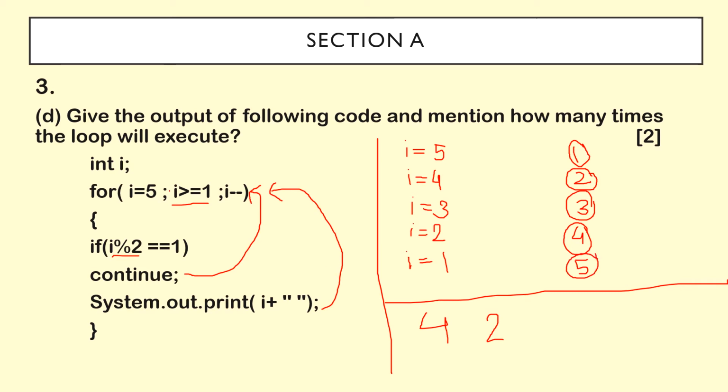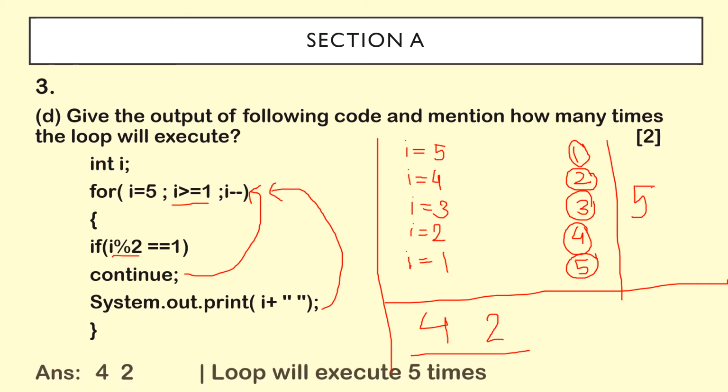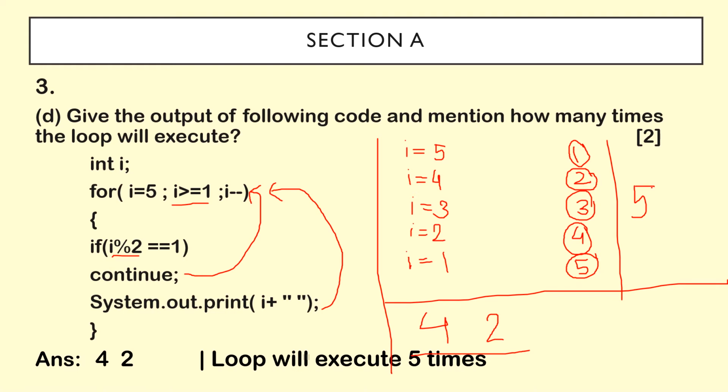And now I becomes 0. When I equals 0, the condition is not satisfied and it will not enter the loop. So the output is 4, 2, and the number of times the loop has run is 5 times. I hope this is clear. 4 and 2, and the loop will execute 5 times.